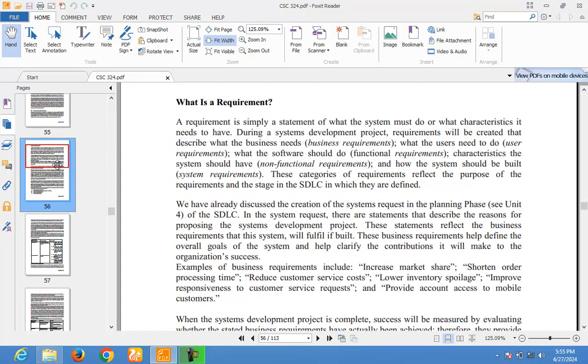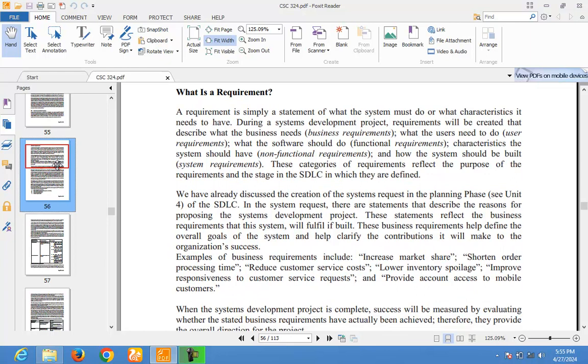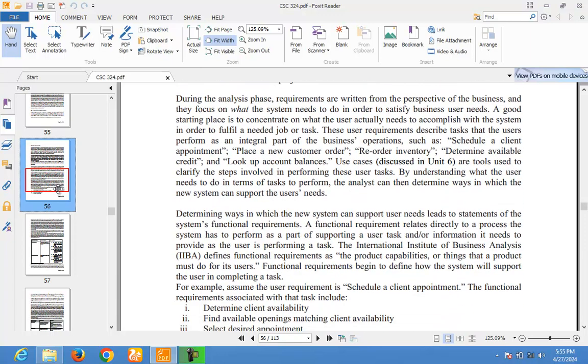A requirement is simply a statement of what the system must do, or what characteristics it needs to have during a system development project. Requirements are created in a system development project so that you can know what needs to be done. In business, we call it business requirement. In users' case, we need the user requirements, and on and on.